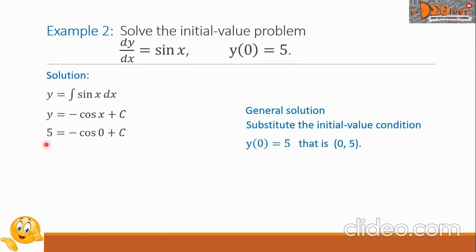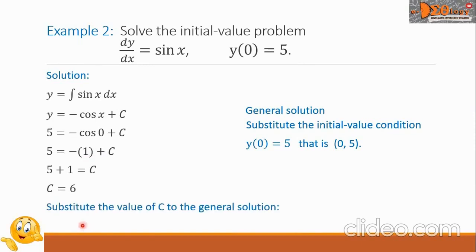So we have 5 for the y equals negative cosine x becomes negative cosine 0, then plus c. The value of cosine 0 is 1, so we have here minus 1. And this negative 1, we will transpose to the left side, it becomes positive. 5 plus 1 equals 6, so the value of c equals 6.